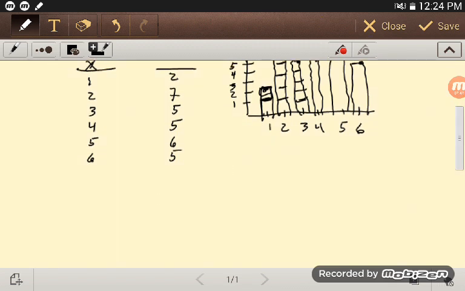Now, for a histogram though, the difference is in my x's.